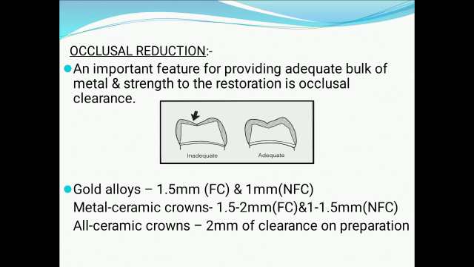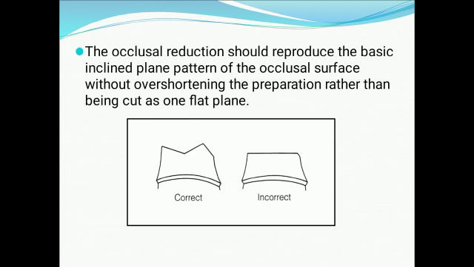Gold alloys require 1.5 mm clearance on the functional cusp and 1 mm clearance on non-functional cusps. The occlusal reduction should reproduce the basic inclined plane pattern of the occlusal surface, without overshortening the preparation, rather than being cut as one flat form.